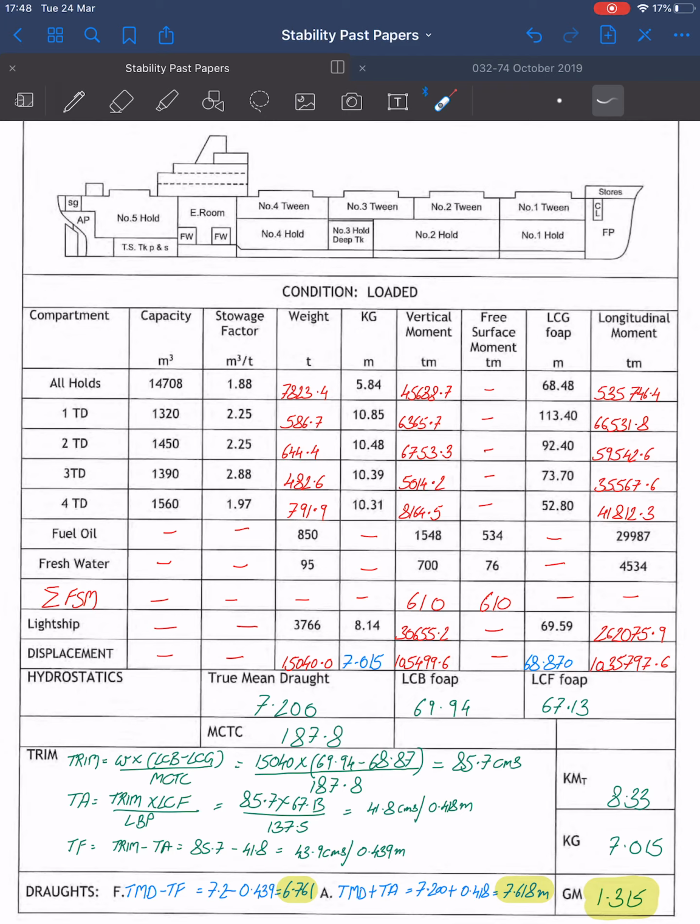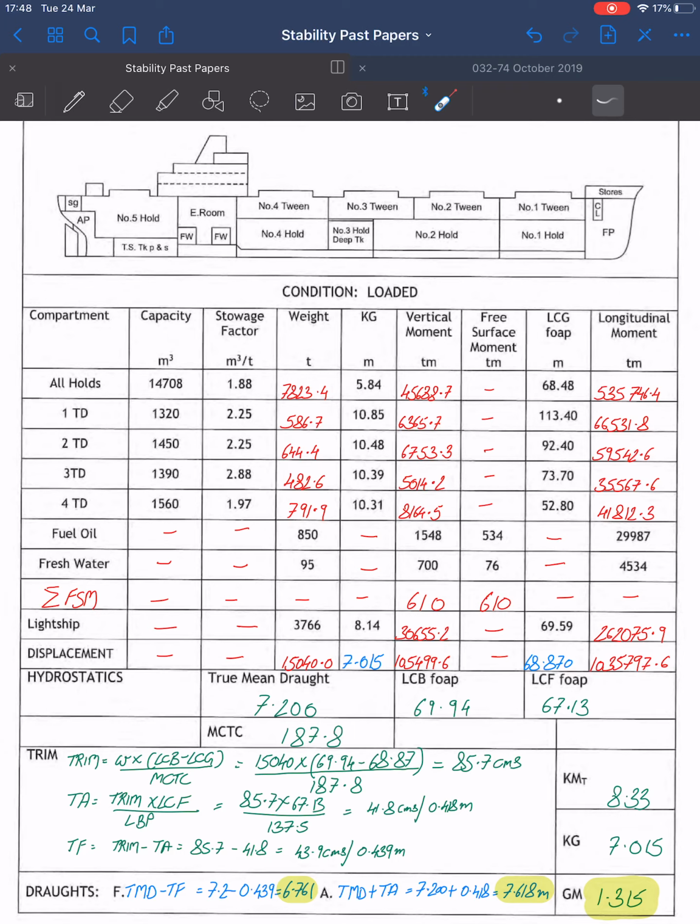So, as a rule of thumb, all the weights and moments, let it be vertical moments, longitudinal moments, free surface moments, heeling moments, they need to be rounded off to one place of decimal. No need to take it more than one.